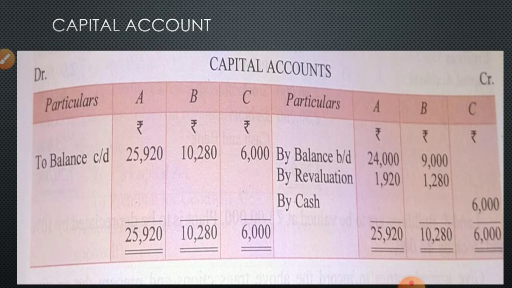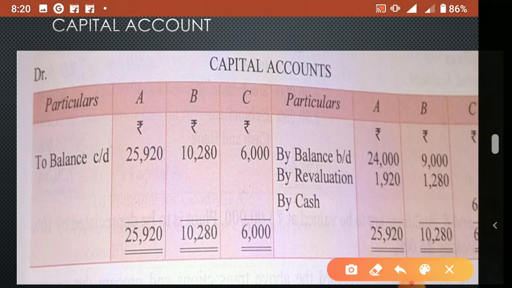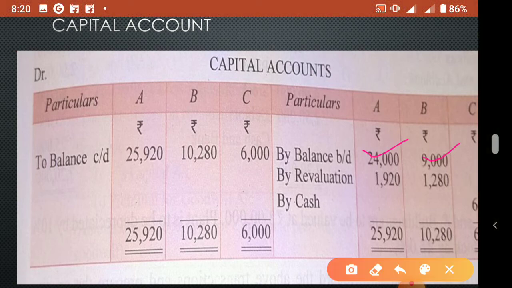Then they also get the revaluation profit. Wherever A and B are credited in the journal entry, we can post that, or otherwise write it without the journal entry. So the revaluation profit they will get is 1,920 and 1,280. Then C brought his capital by cash, 6,000. These are the only items. So this is the opening capital.